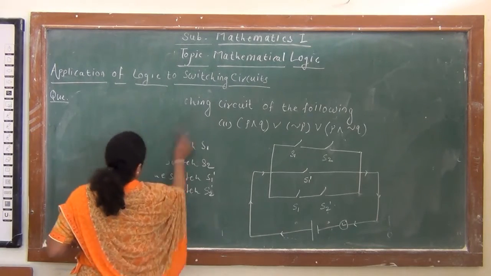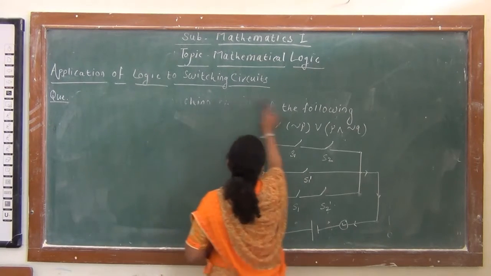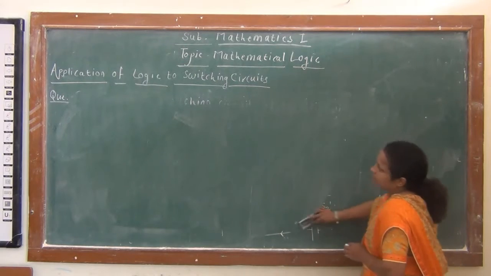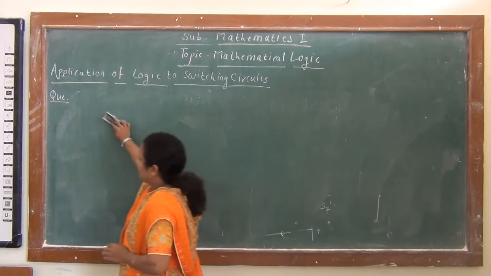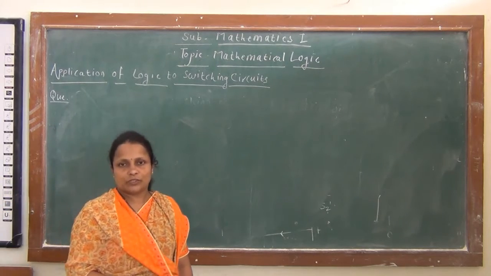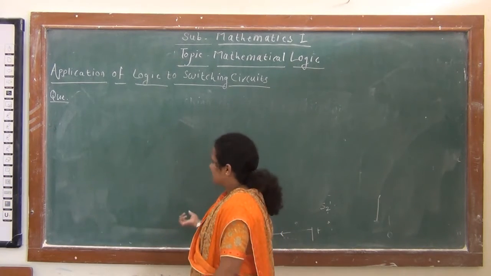In this type, we have to simplify the given circuit by using laws of logic, and then again we reconstruct the circuit. That is, first we write the given circuit in symbolic form, then we use laws of logic, and again we reconstruct the circuit.